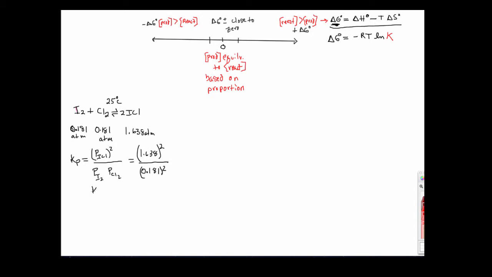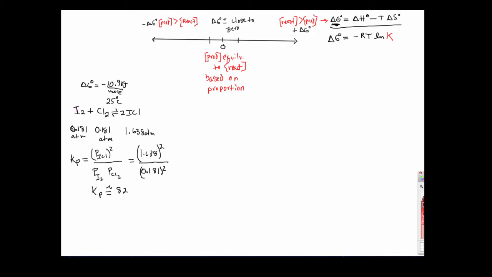So my Kp for this reaction is approximately 82. Now my delta G for this reaction is a minus 10.9 kilojoules per mole.